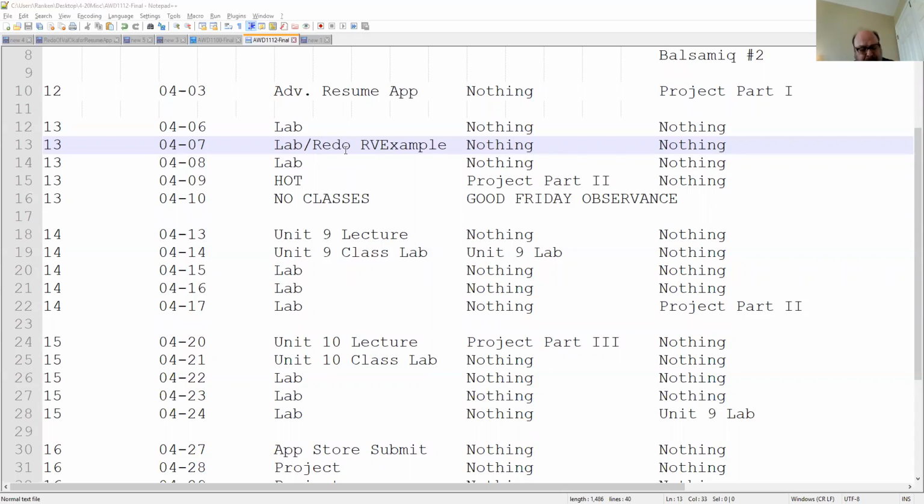Tomorrow, I want to go back and take another look at that recycler view example that I did for you as a class. If you remember, it had the little images of the languages that we cover in here and then the name of the language, and if you clicked on it, it would open up a new activity.